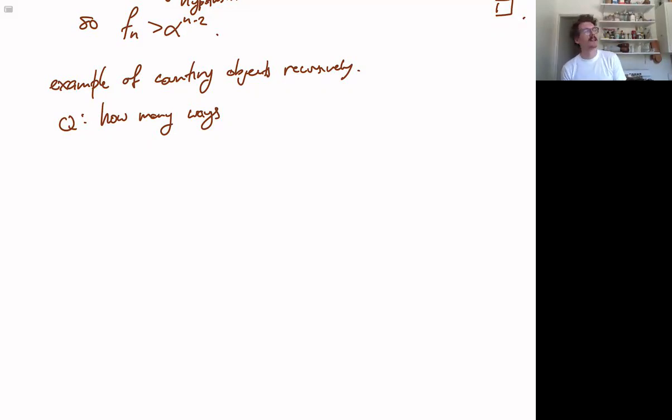Or let me say, it's not going to be a chessboard. It's not going to be 8 by 8, but it's going to be 2 by n. So let me write this down. How many ways to tile a 2 by n checkerboard with dominoes?